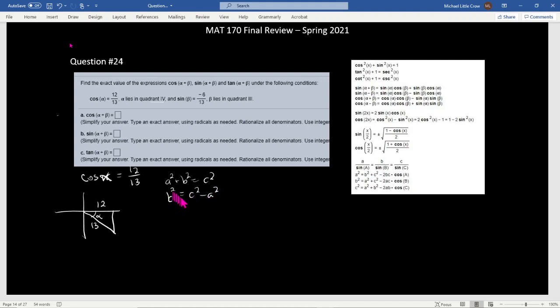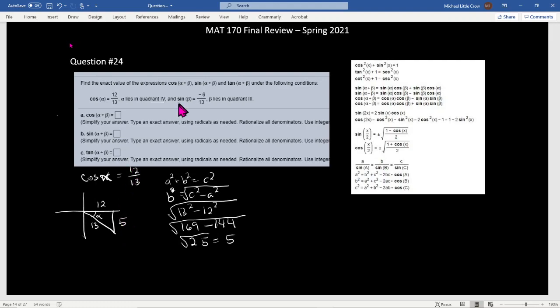So b is the square root of 13 squared minus 12 squared. 13 squared is 169. 12 squared is 144. Subtract the two, we get 25. Well, that's a nice number, convenient. Its square root is 5. So this other side is 5.